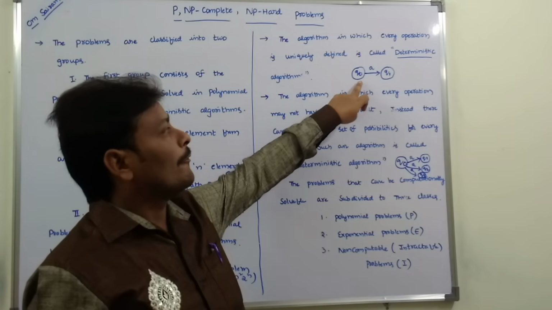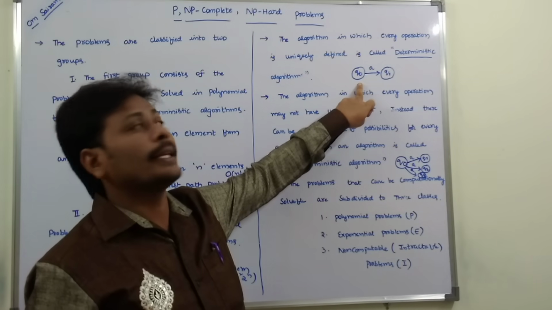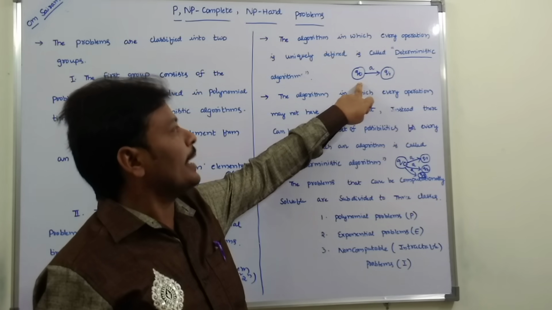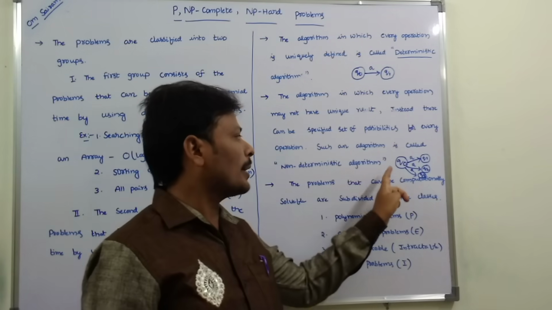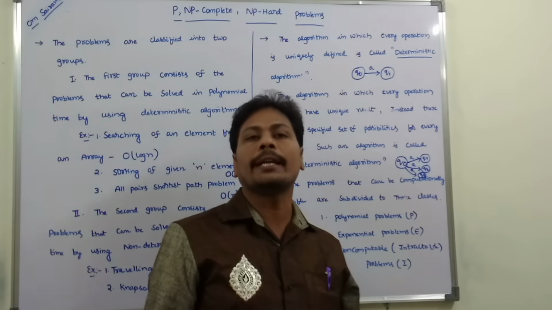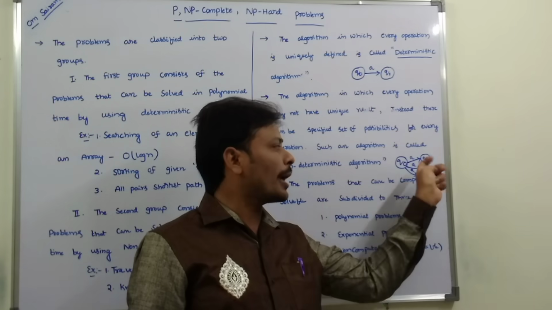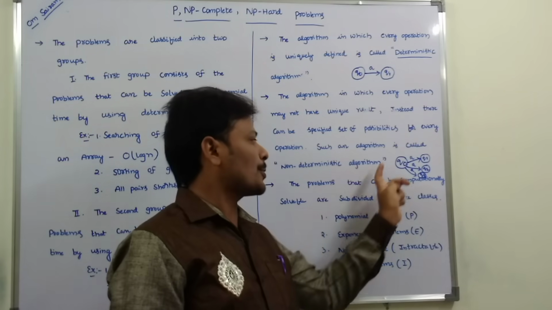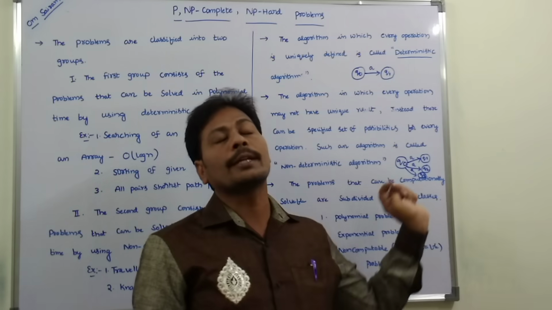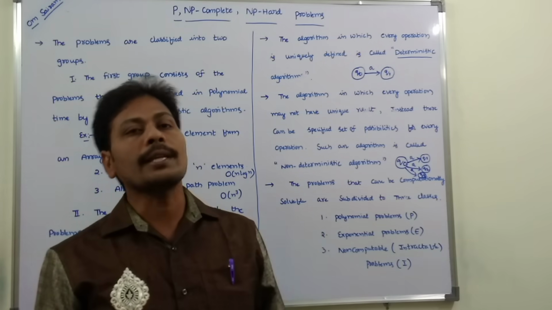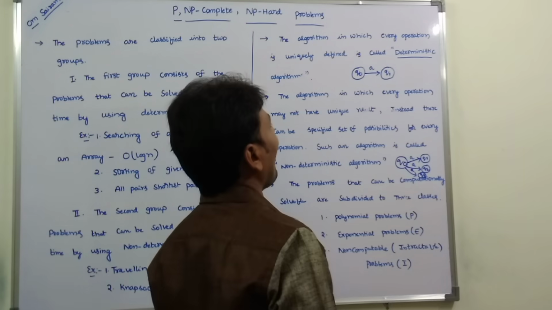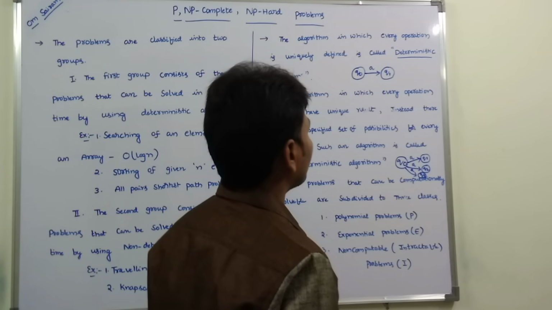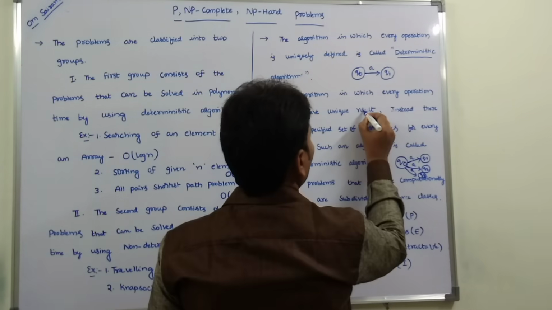In a deterministic algorithm every operation is uniquely defined, but here it is not uniquely defined. It can go to either Q1 state, Q2 state, or Q3 state. So this type of algorithm is called a non-deterministic algorithm.